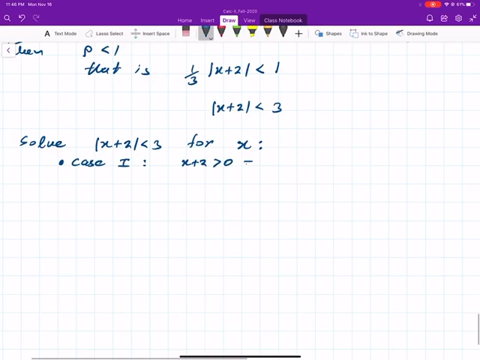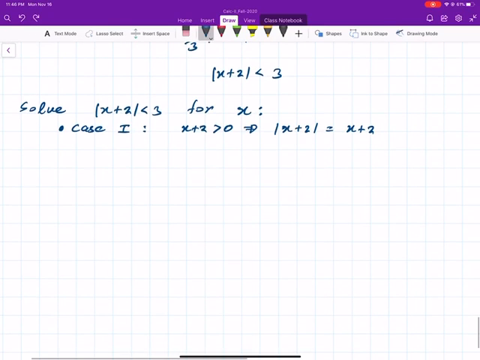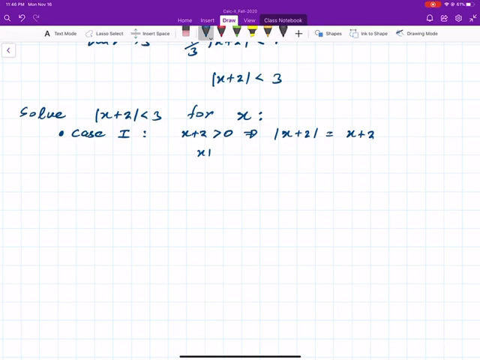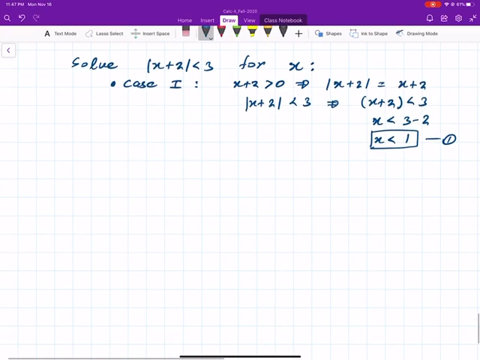If it is positive, then absolute value of x plus 2 should be just x plus 2. You can just drop the absolute sign if the interior is positive. Then that means this is actually x plus 2 less than 3, and then you simplify this. x less than 3 minus 2, x is less than 1. Take this as equation number 1 and then move to case 2.